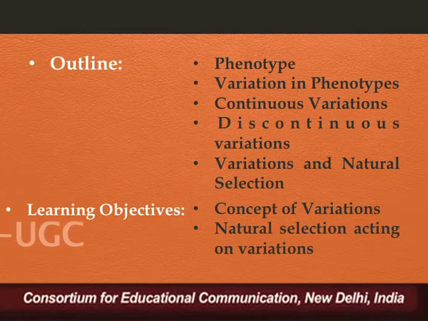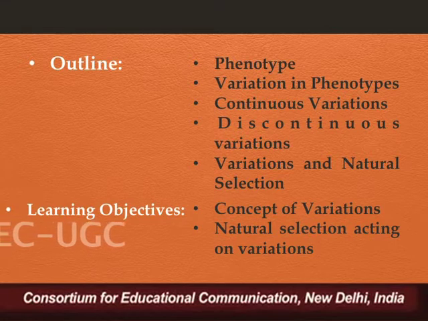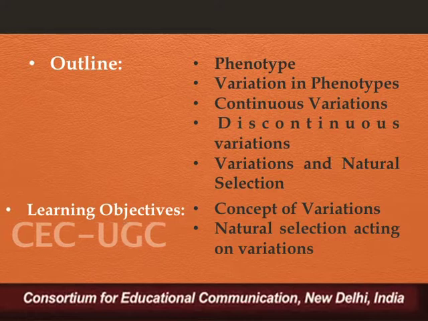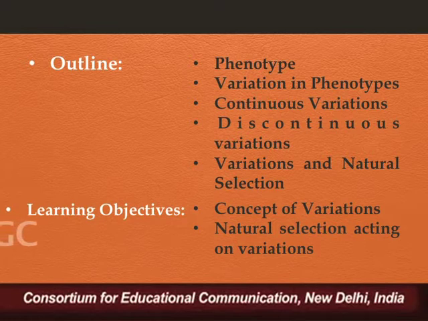The learning objective for this lecture is that after it you should be able to tell what exactly a phenotype is, what factors bring in variations in the phenotype, and how natural selection acts on different variations of the phenotype and causes the evolution of a species.